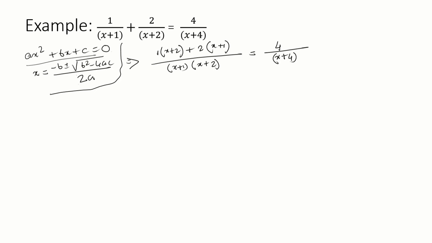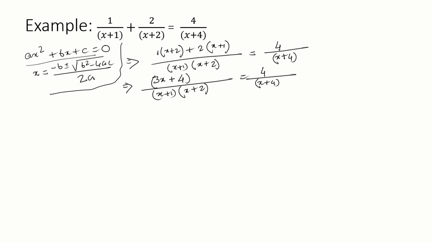If we simply multiply and add, it gives us 3x plus 4 over x plus 1 times x plus 2 equals 4 over x plus 4.